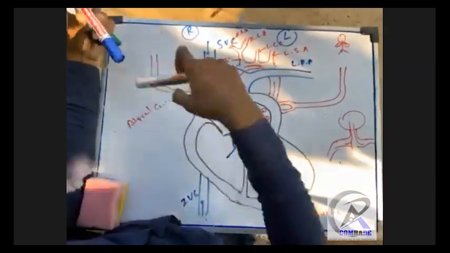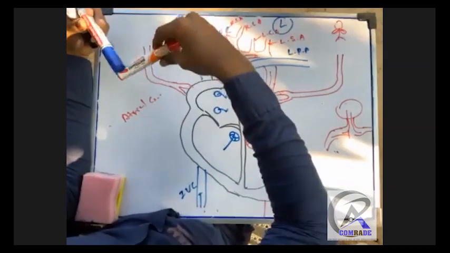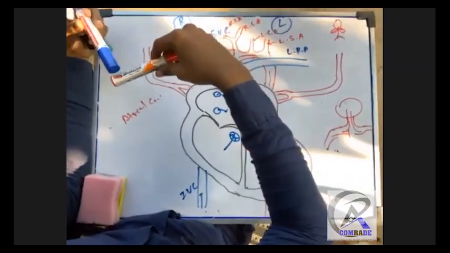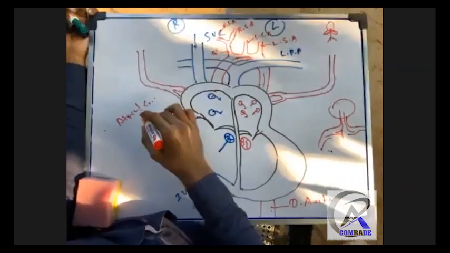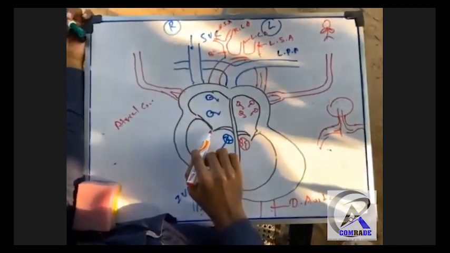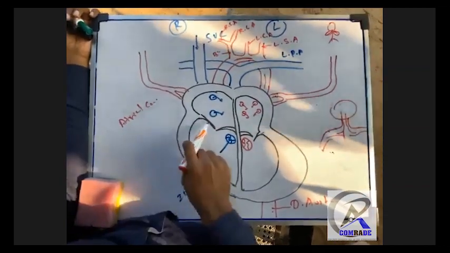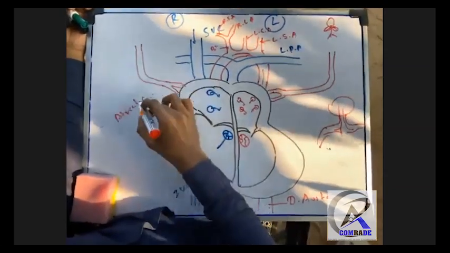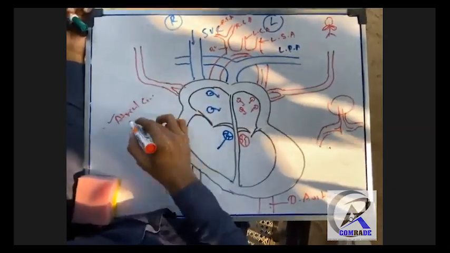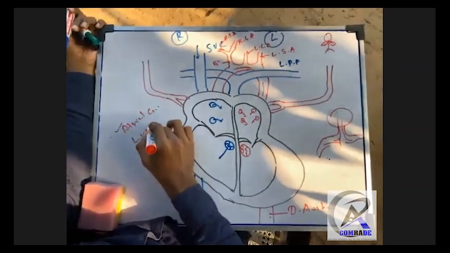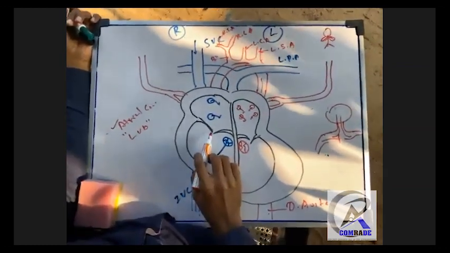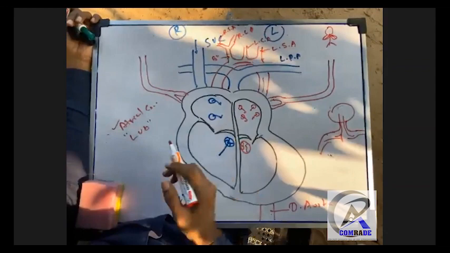When this valve gets closed, it will make a sound, and the first sound is known as the lub sound. After atrial contraction, the valves get closed and make the lub sound. While closing, the sound it makes is known as the lub sound.